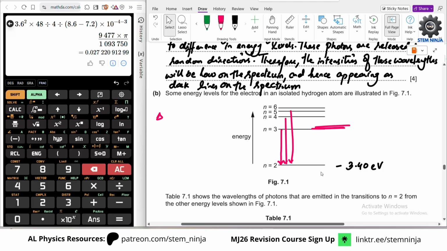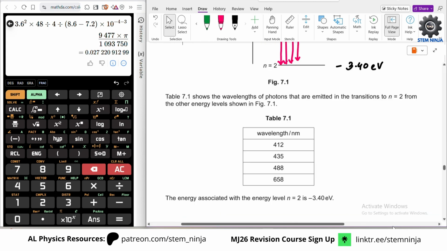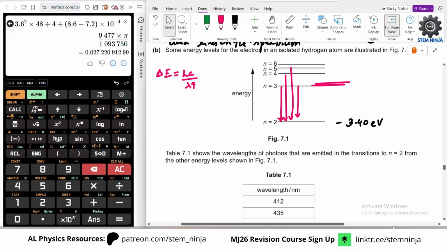As we said, the wavelengths correspond to the energy differences. Energy is equal to hc over lambda, so that means inversely proportional. So the lowest energy difference would mean the highest wavelength. So the highest wavelength in this would be 658.